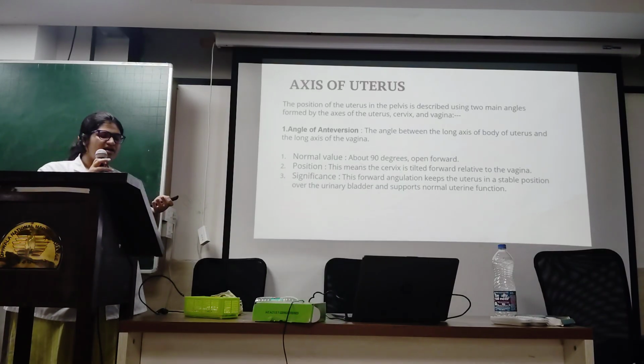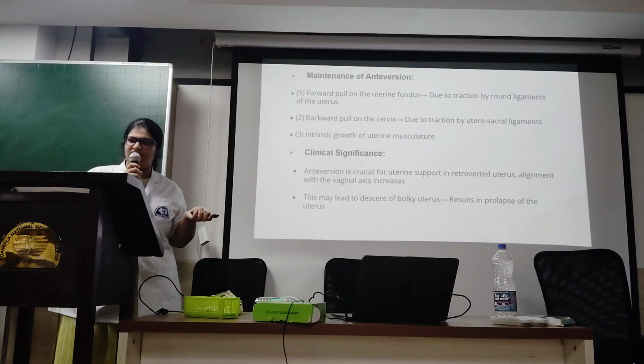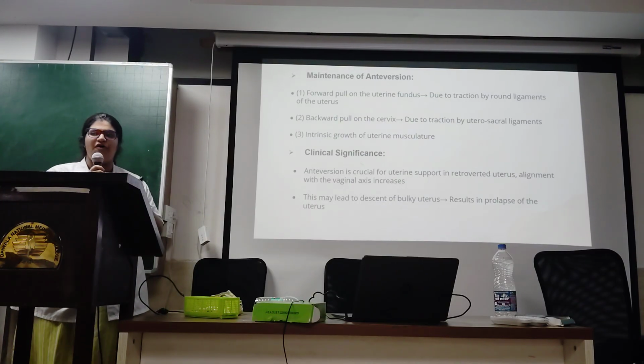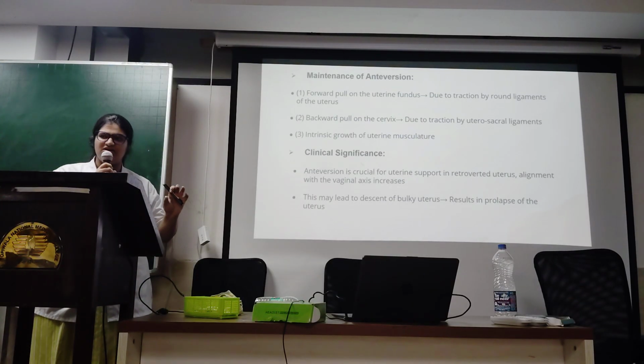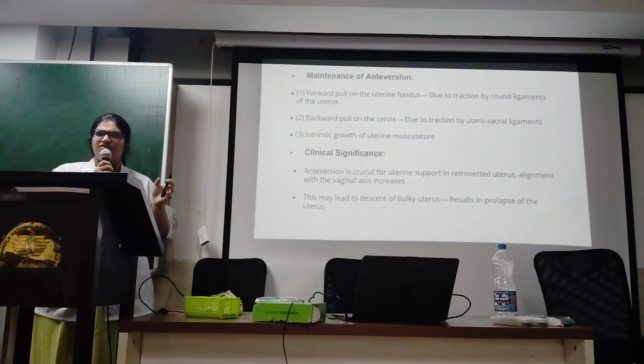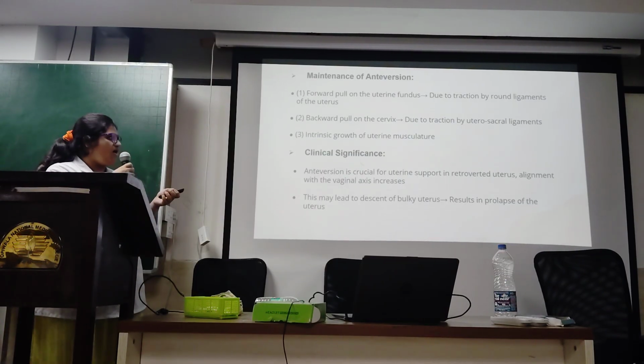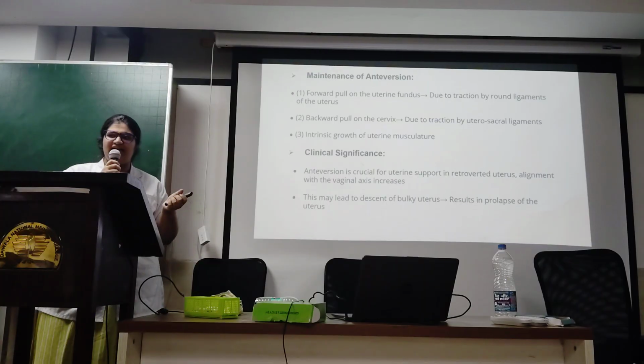The factors maintaining this anteversion of the uterus are the forward pull by the round ligaments on the uterine fundus and the backward pull of the cervix by the uterosacral ligaments. The clinical significance of anteversion is in retroversion.